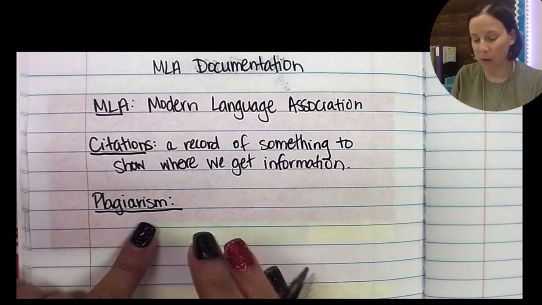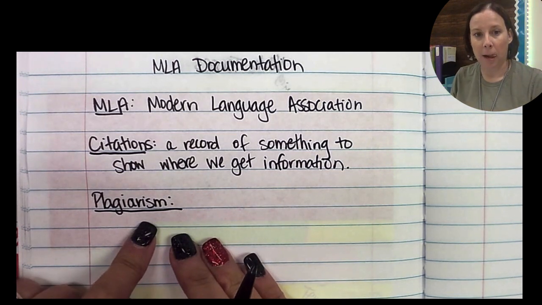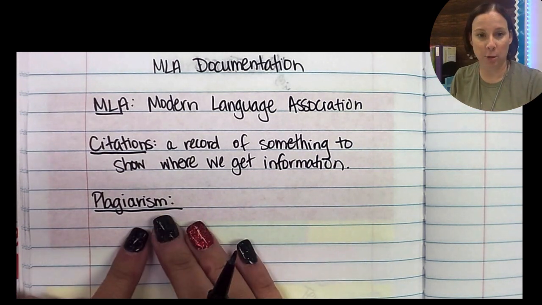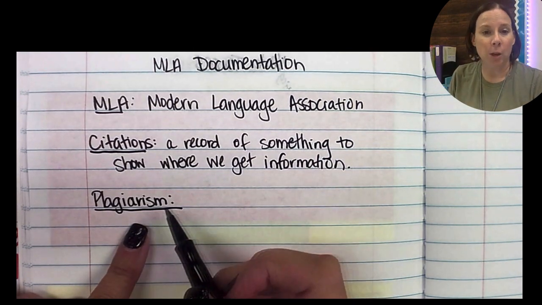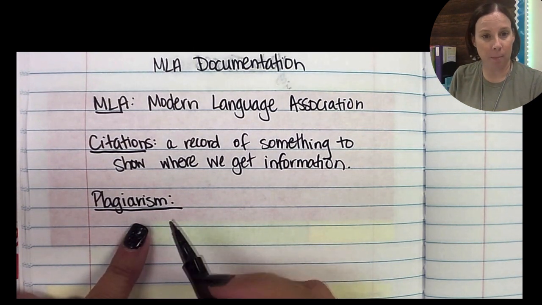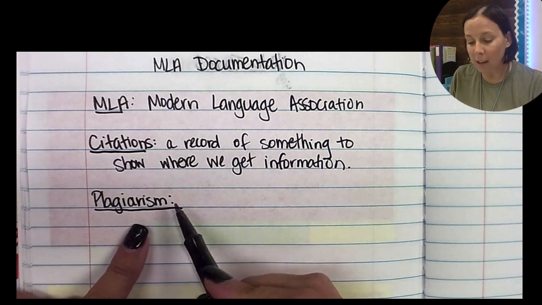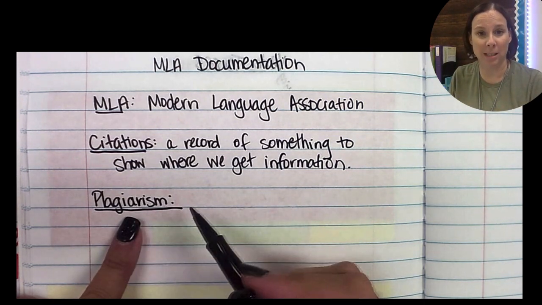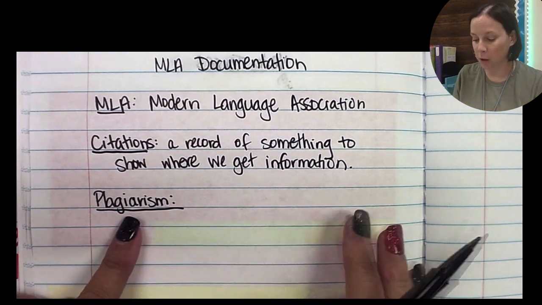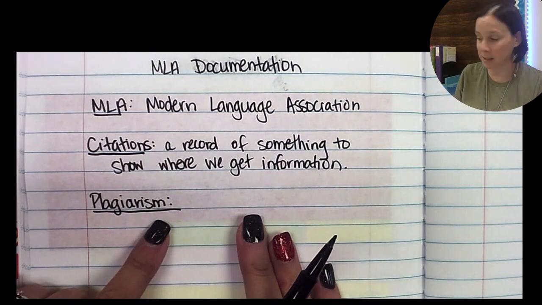So one of the things I really work on with you in 7th and 8th grade is learning not to plagiarize, because when you go into high school, this becomes a huge deal. You can get a 0 if you plagiarize. In college, you can get kicked out for plagiarizing. It's a big deal. You're technically breaking the law when you plagiarize.